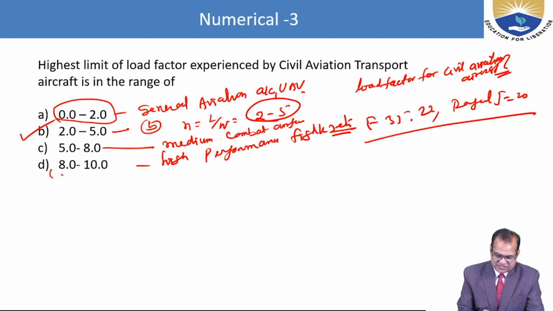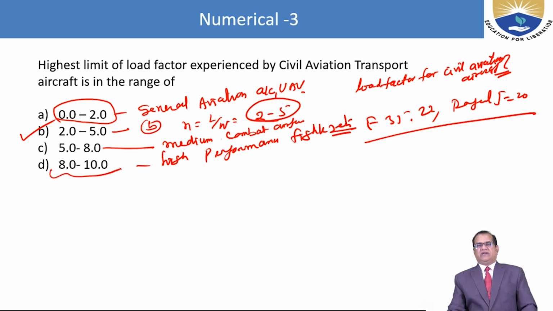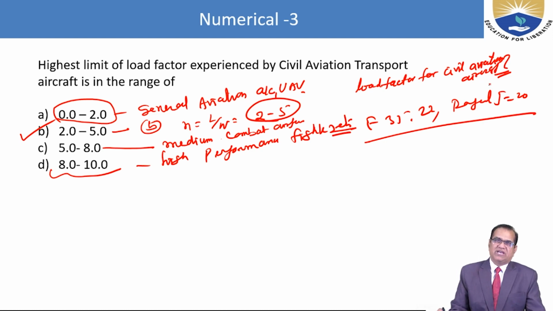Older aircraft like Jaguars, Mirage and all fall in this category. But most civil aviation, Boeing, Airbus, Bombardier and all, fall in the 2 to 5 category. So your answer B is correct.